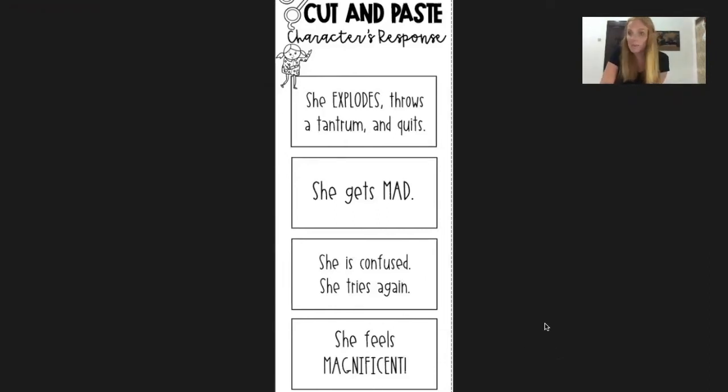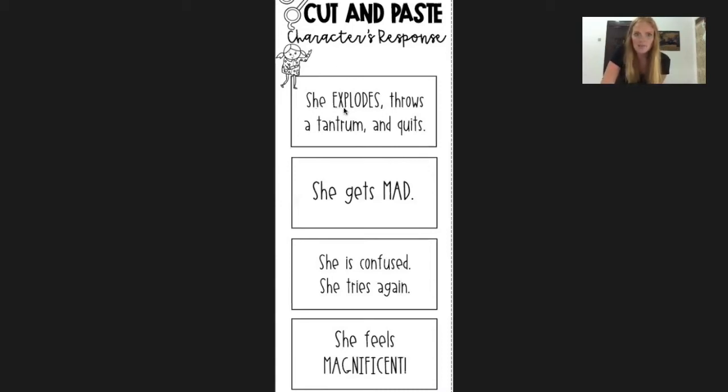All right, again, I'm not going to cut them because we're on the computer. So let's go ahead and read them. So it says character's response. That means how did the character respond, or how did the character act, or how did the character feel when something happened to her?